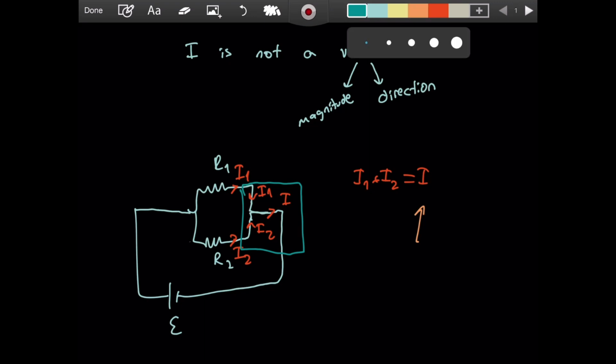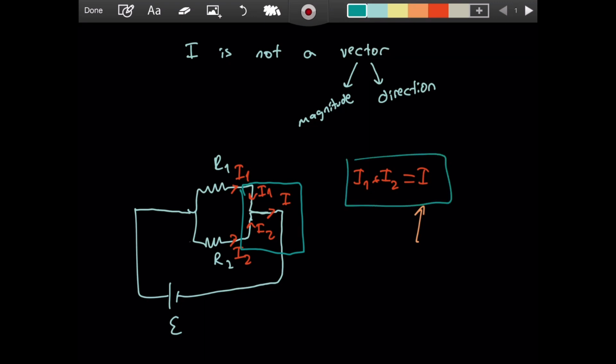So we can intuitively see that this is right. That basically tells you why current cannot be a vector. We don't define it to be a vector, because if it was, we would need to do vector addition with it, and it would make absolutely no sense, even in this very simple question.